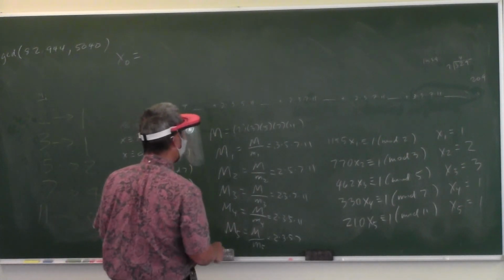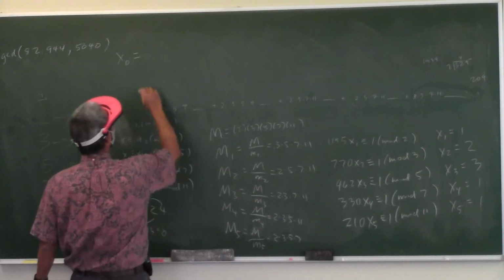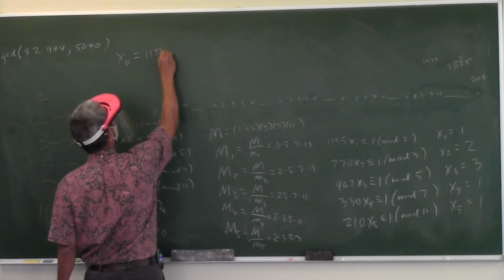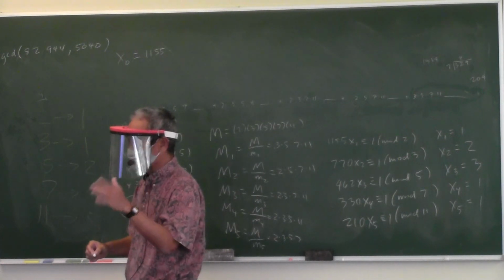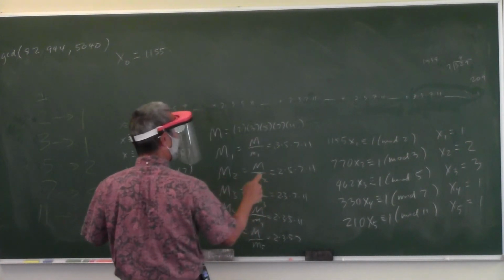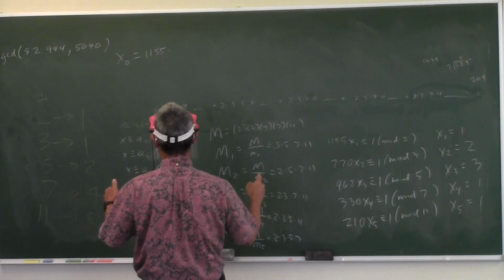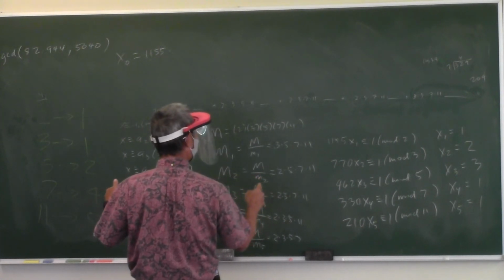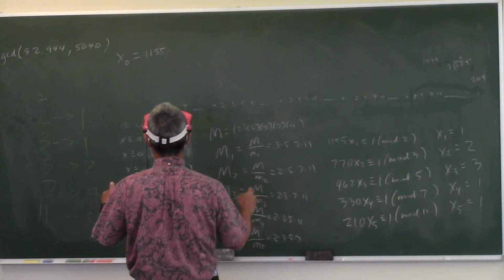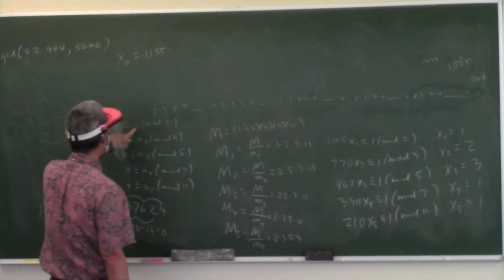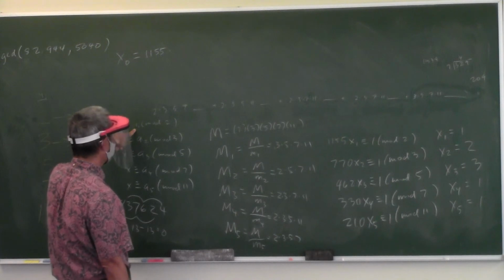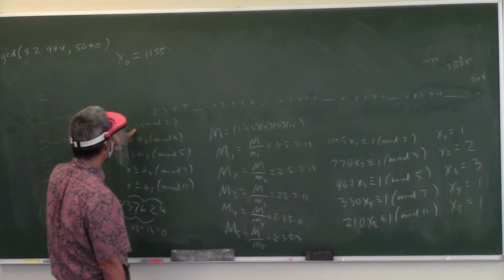Okay, what is M1? 1155. Capital M, lowercase a. Where's a? A1. Okay, what was a1 in this one? 1.